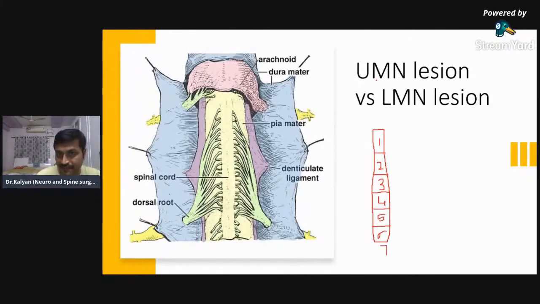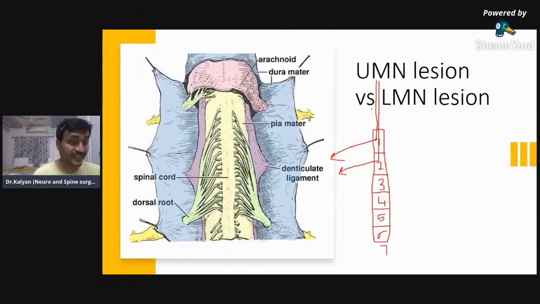We have the pyramidal tract going to segment 1. There they synapse and it forms an LMN nerve root which goes to the C1 muscles. Then we have a fiber which is going to the second spinal segment, C2, and again it forms the second LMN. This supplies the muscle which is supplied by the C2 myotome.